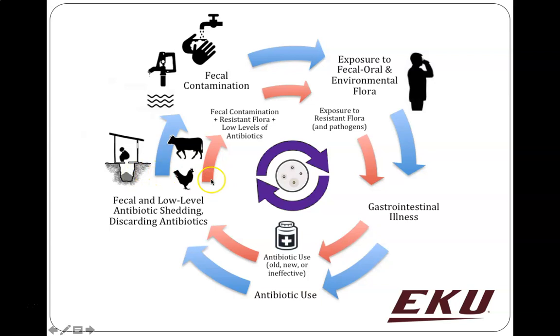That then ends up going into their drinking water with low levels of antibiotics, as well as antibiotic-resistant flora. Then somebody drinks that, they get sick, and now the old antibiotics don't work. They need to use something better and stronger. And they use something better and stronger, and then the cycle continues on and on and on in what we call a positive feedback loop.